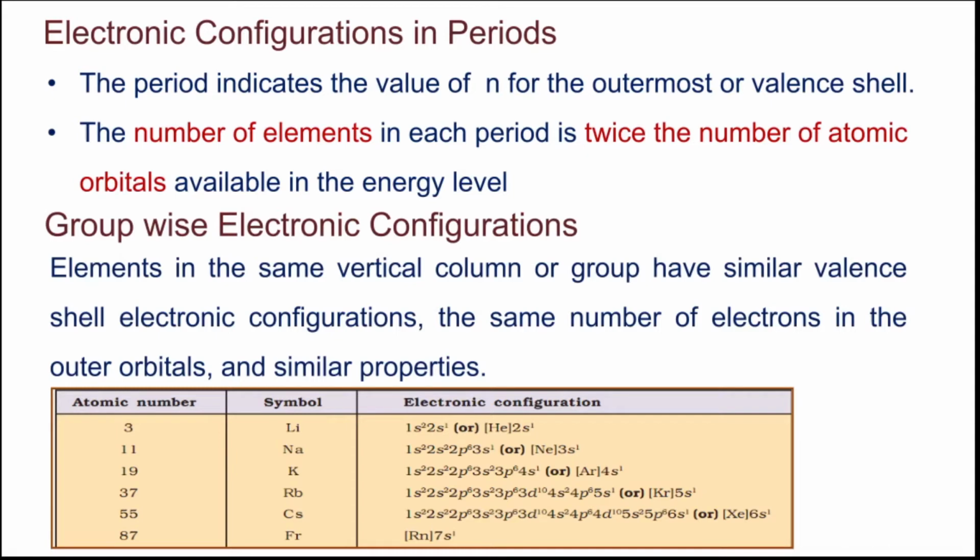In lithium it is 2s1, sodium 3s1, potassium 4s1, rubidium 5s1, cesium 6s1 and francium, which is found in the 7th period, has a 7s1 electronic configuration.